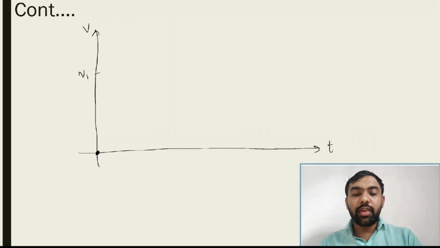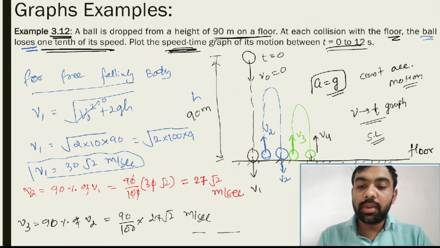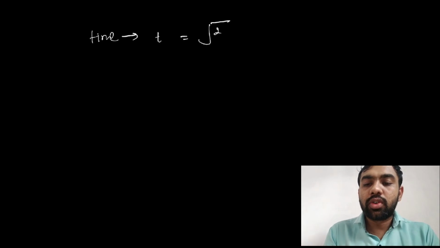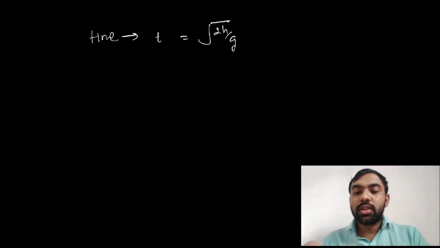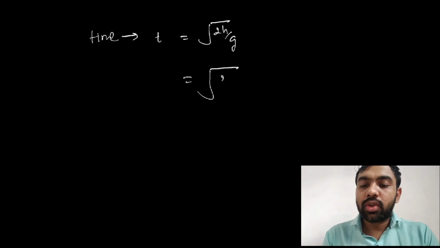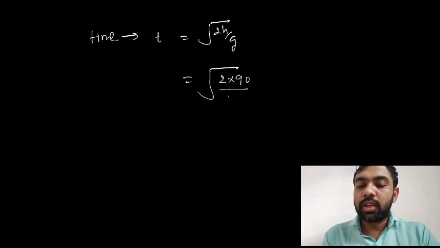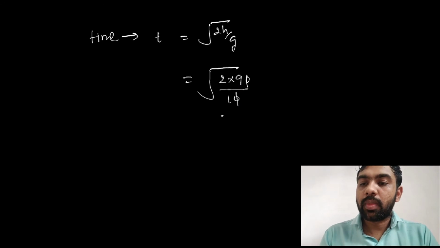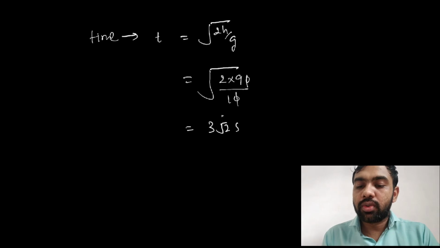How much time is required actually, from here to here? So how do we find the time? t is equal to root 2h upon g, as we know. So 2 into 90 upon 10, 0 0 cancel, 9, so root 18. Actually you can write it this way: it is equal to 3 root 2 second.